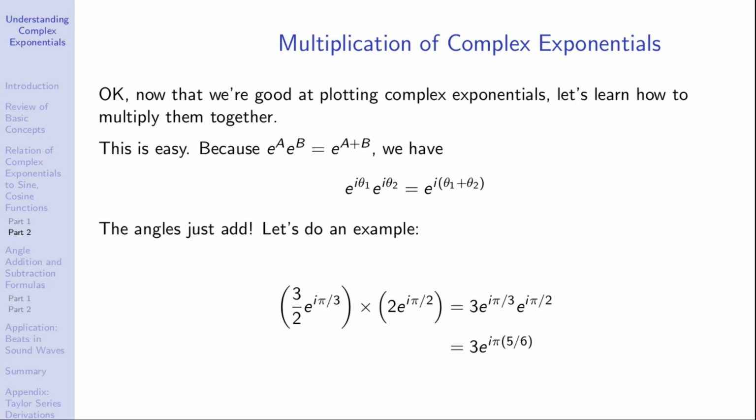Let's do an example. Here we have 3/2 e to the i pi over 3 times 2 e to the i pi over 2.